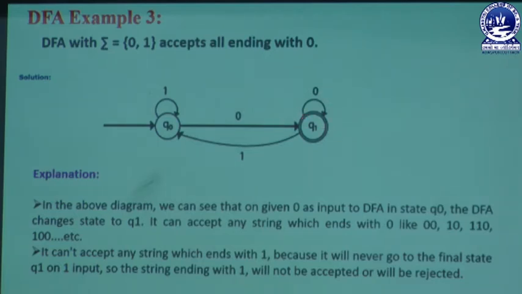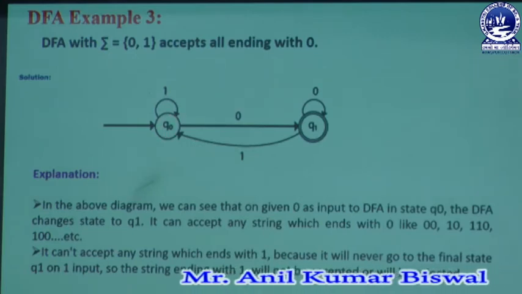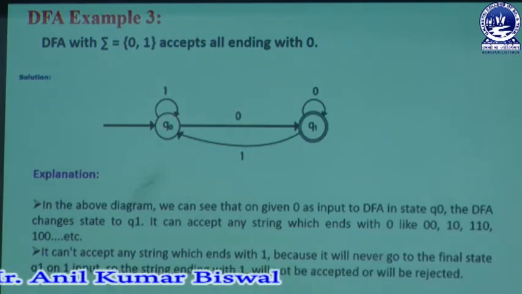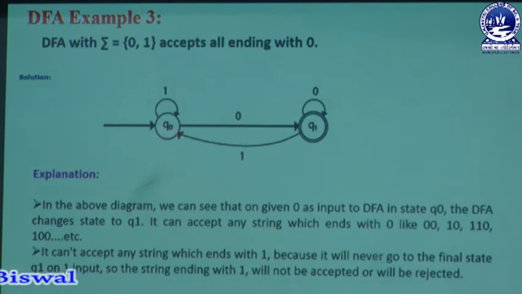Similarly, whenever the user inputs 1 to Q1, it does not create a new state, but is redirected to the earlier state, Q0. That means it just looks like a loop structure, but that loop structure always ends with 0. But whenever Q0 takes a parameter like 1, it is self redirected, in this diagram that is Q0. So in this way we can design the diagram in a very flexible way.